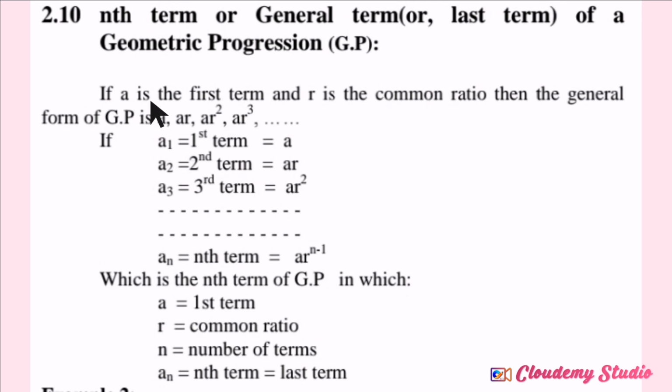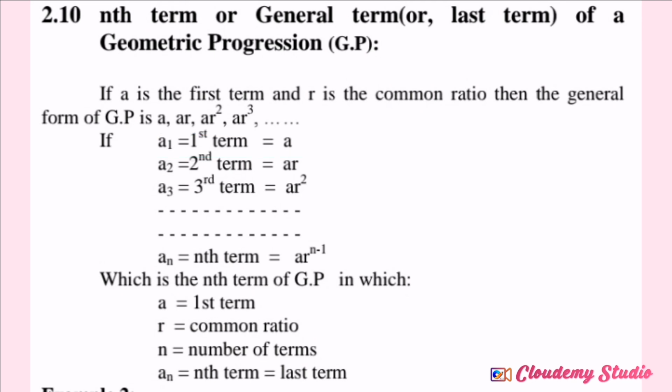If A is the first term and R is the common ratio, then the terms of the geometric progression are A, AR, AR squared, AR to the power 3, and so on. So here the first term is a1, which is equal to A.